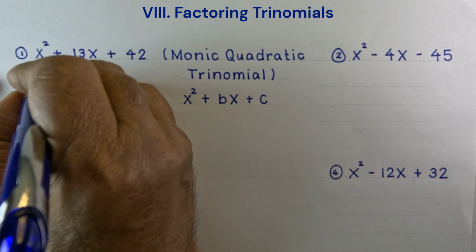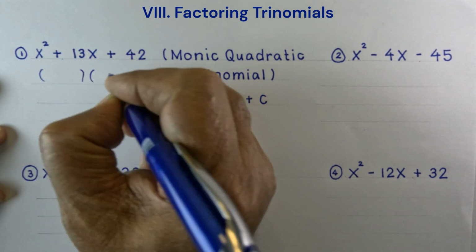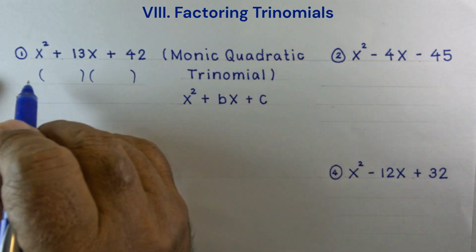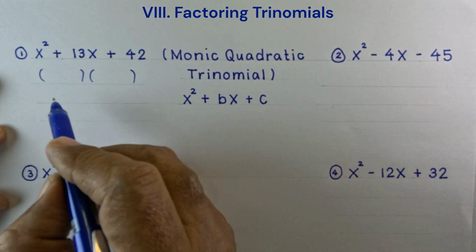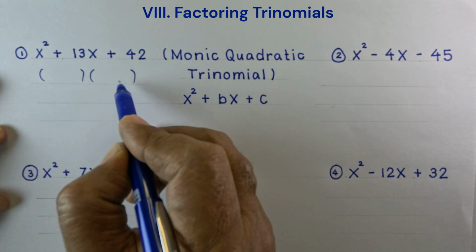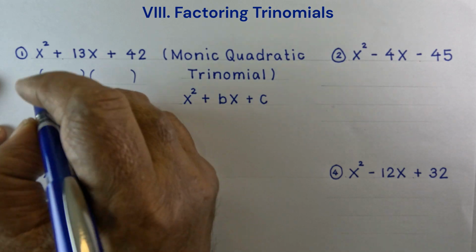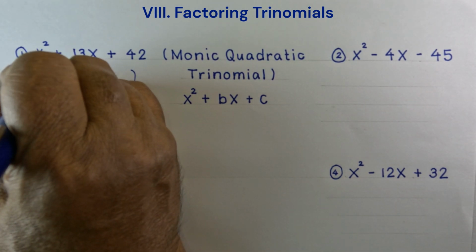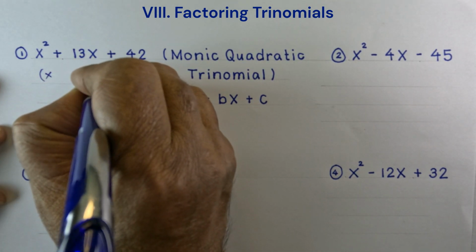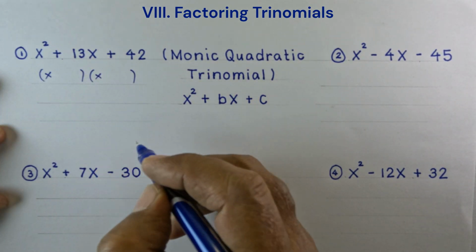So I'll write here the two parentheses. Now this will house the two binomial factors. Since that is x squared, I write here x and an x. So x times x is x squared.